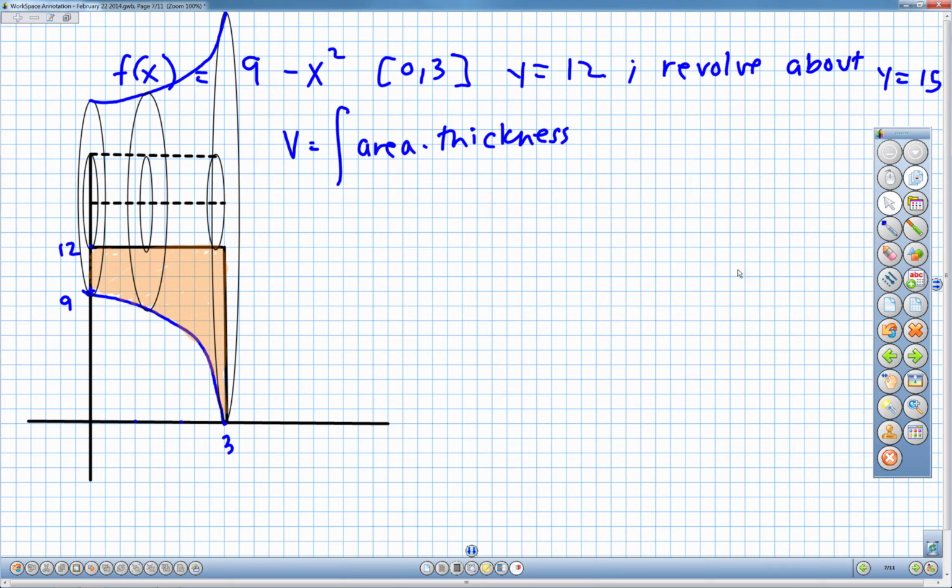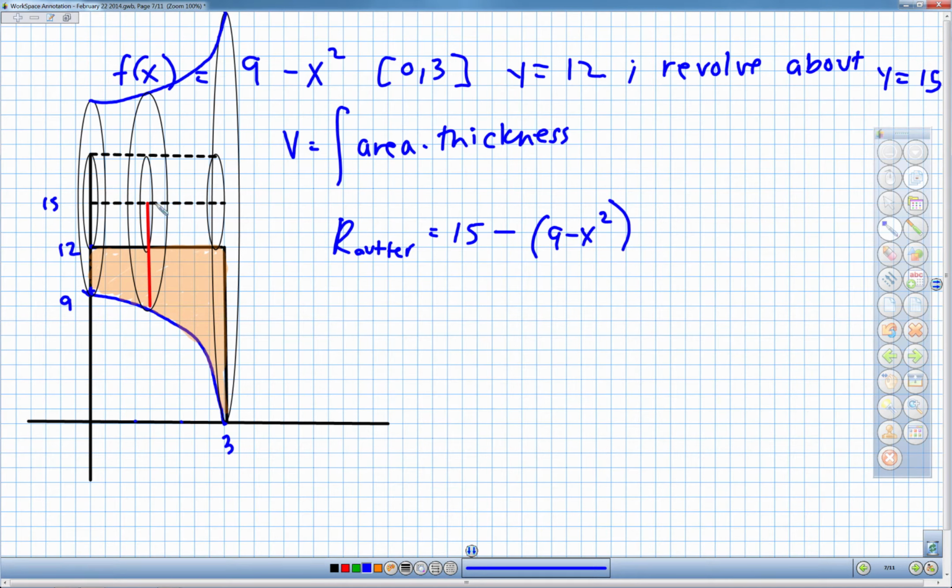And so with that said, let's go ahead and describe what the radius of the outer circle in this case would be. The radius of this particular washer, for the outer radius, is going to actually be, this time, 15 minus the parabolic curve here. 15 minus 9 minus x squared.